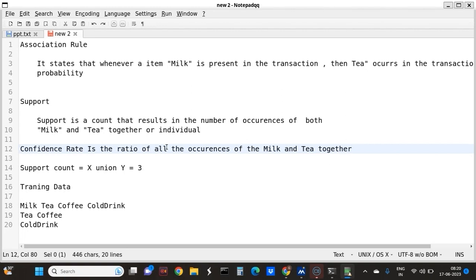So we have understood the association rule, support, confidence rate, and support count.